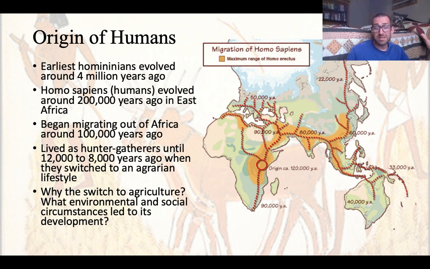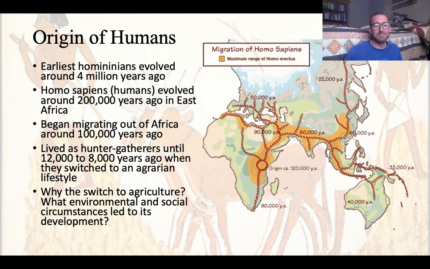Around 200,000 years ago, Homo sapiens first evolved. So Homo sapiens are humans. And then around 100,000 years ago, humans started migrating out of Africa, where they first evolved, and they spread eventually throughout the entire globe.